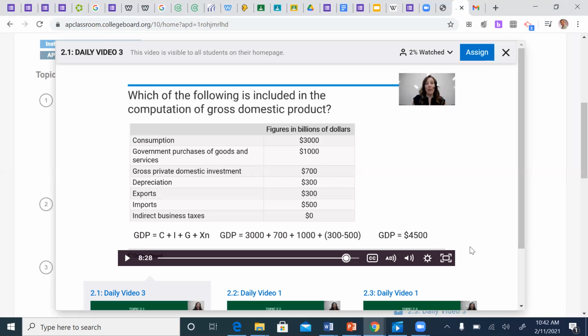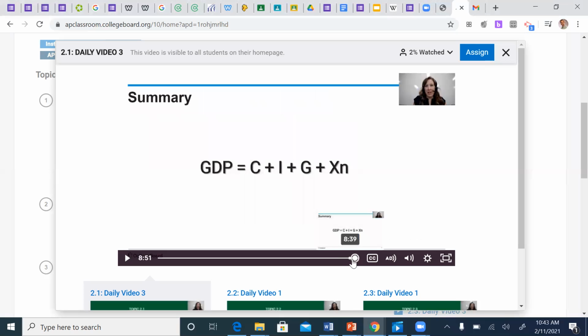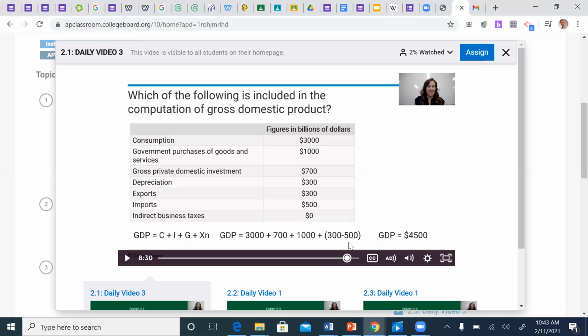And like indirect business taxes, but it's $0 anyway, so it doesn't really matter. All right, so remember you should have subtracted X minus N.